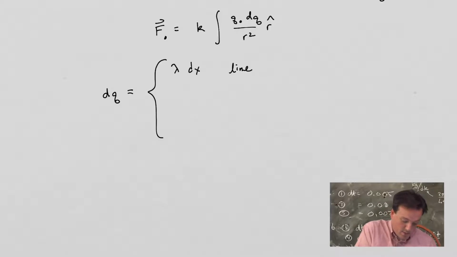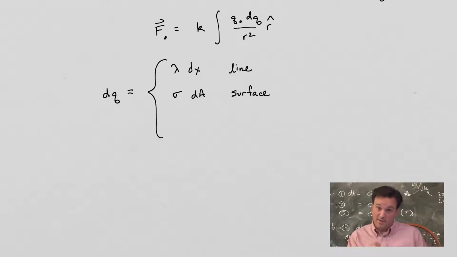It could also be sigma dA, that is, how much charge density there is on a surface, multiplied by the infinitesimal area of that surface, or it could be rho times dV if I have a three-dimensional volume. And so it all depends on how the problem stacks up.